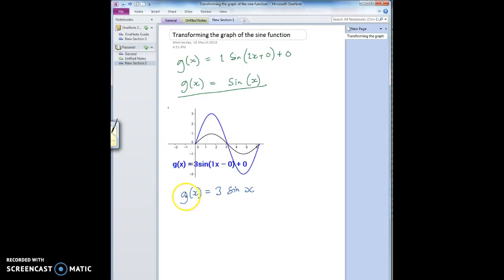So g of x is the y-coordinate basically, isn't it? And if we put a 3 in front of it, like we've got here, this is the simplified version of that expression. If we put a 3 in front of the function, we're just multiplying all the y-coordinates by 3. Now this is the original sine function, which has y-coordinates of +1 to -1 and all values in between, and all we're doing is we're just multiplying those y-coordinates by 3.